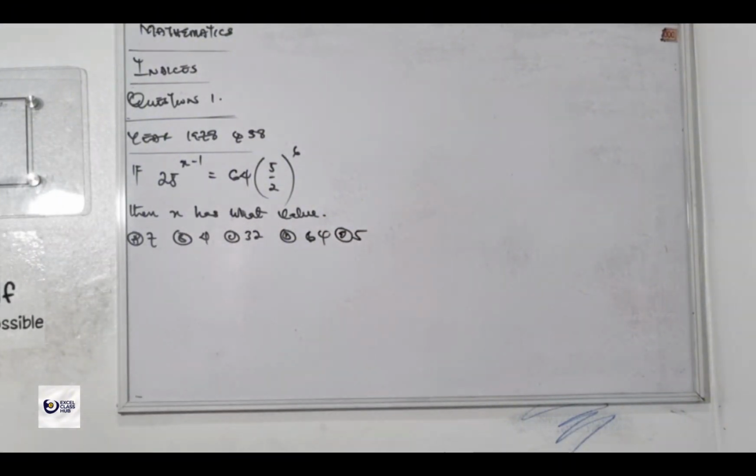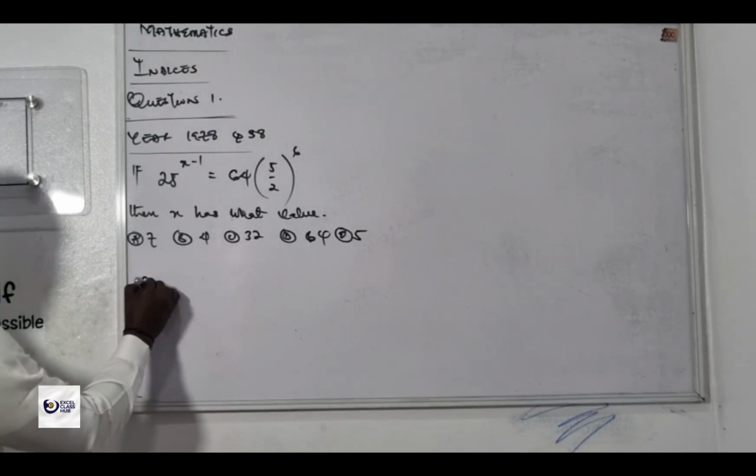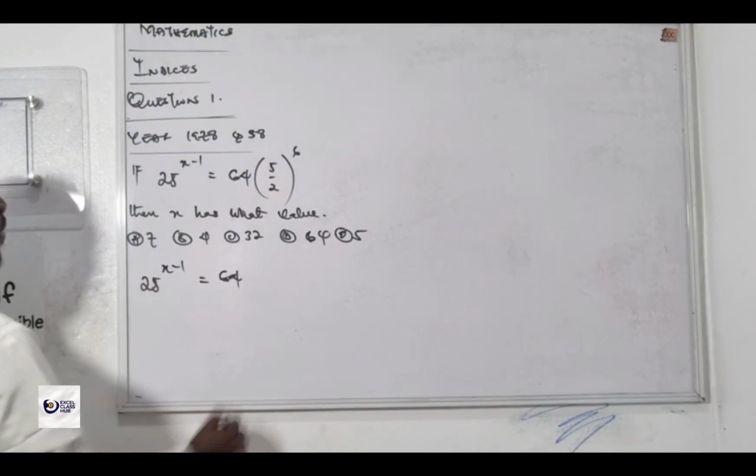So let's take a look at this question, student. 25 raised to the power x minus 1 equals 64 times (5 over 2) raised to the power 6. If I want to solve this question, I can expand this.